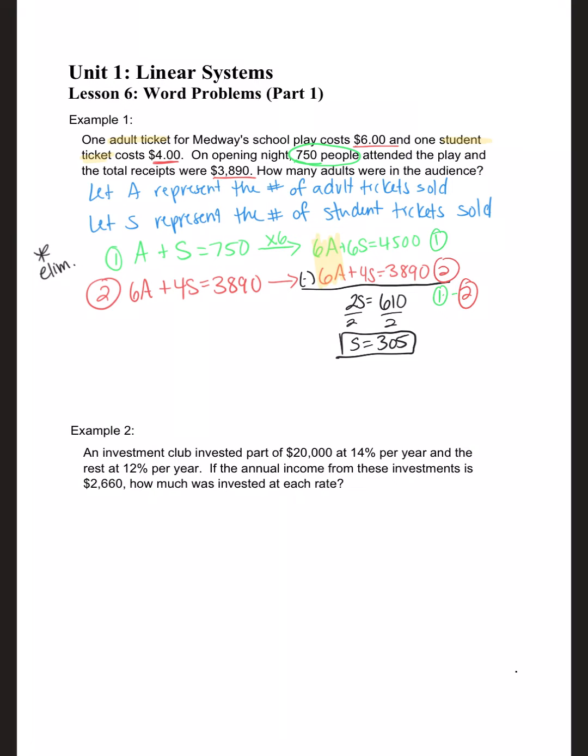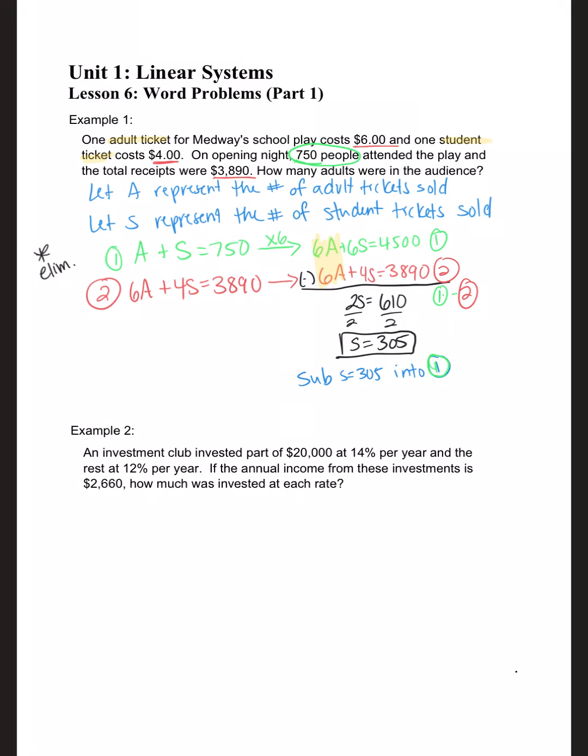Okay, so then we'll go ahead and sub the S equals 305 into the easier equation, which equation 1 looks a little easier.